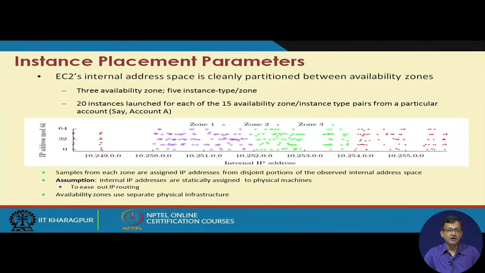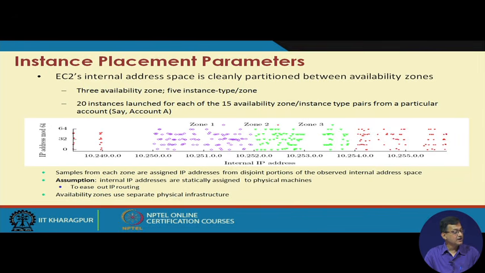Now, next are the instance placement parameters, right. What parameters do you need? EC2's internal address space is cleanly partitioned between the availability zones. They are partitioned across 3 availability zones and 5 instance types, and for each combination of instance type and zone, as we have seen, they launched 20 instances in their experiments.